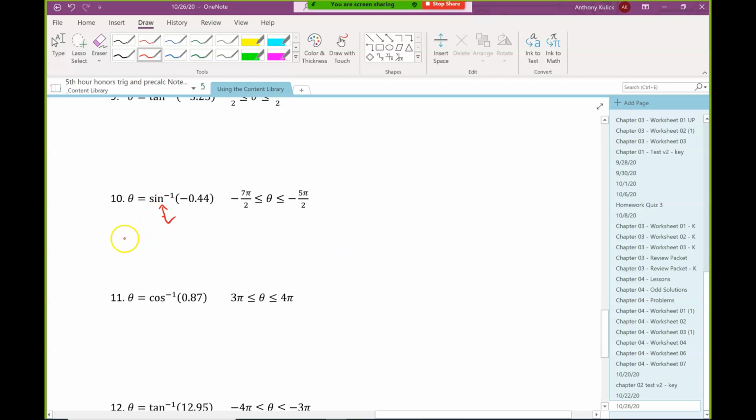So let's do that. This is the same thing as sine theta equals negative 0.44. And I remember that sine is negative in quadrants 3 and 4. Then to figure out where that angle is, negative pi over 2 is here, and negative 3 pi over 2 is up here, because remember we're going counterclockwise with the negatives.